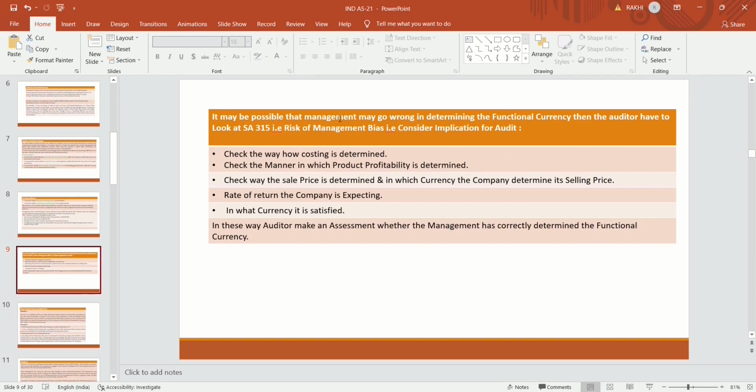It may be possible that the management also goes wrong in determining the functional currency. Then the auditor has to look at it by following SA 315, the risk of management bias, and consider the implication for the audit. So in this way the functional currency is determined.